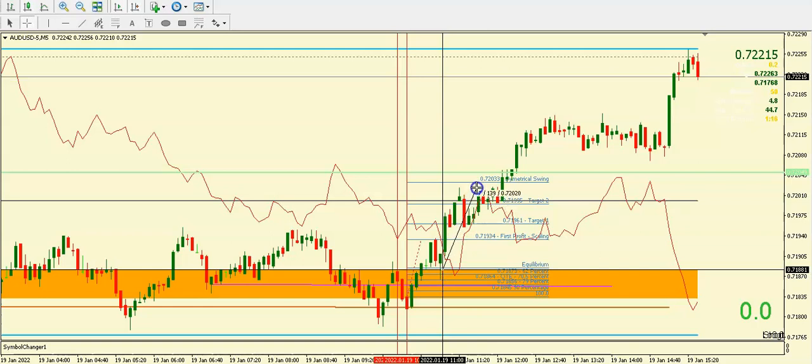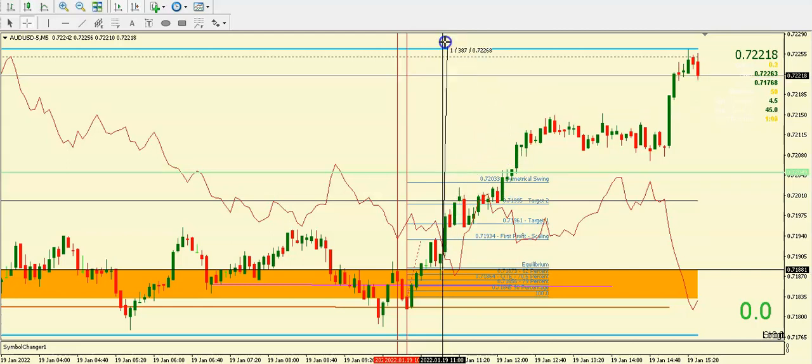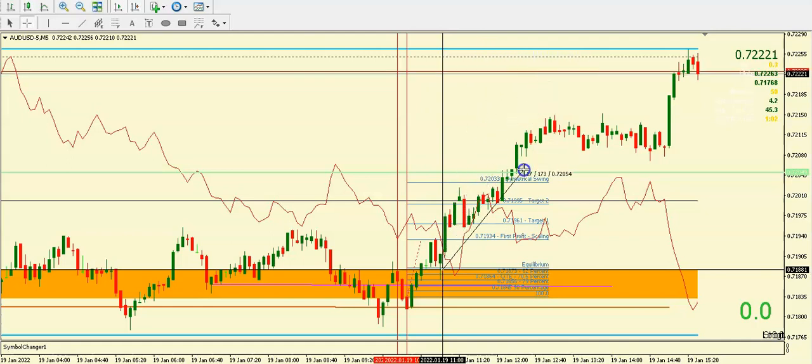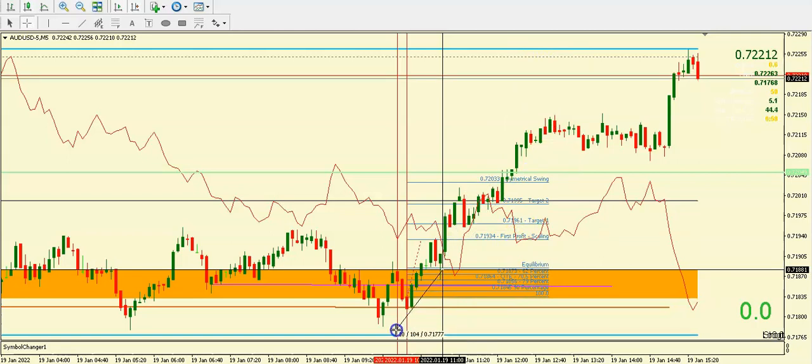And this is in London, and price still didn't take out the highs over there, but if you see, I would have had 37 pips, and the stop loss would have been down below here. So that's 10.